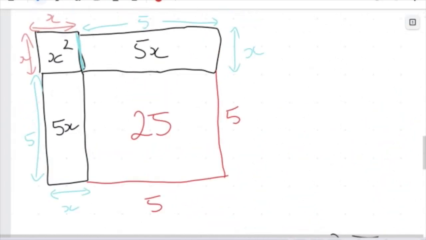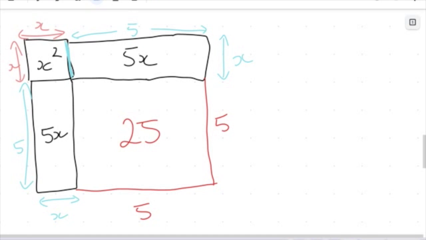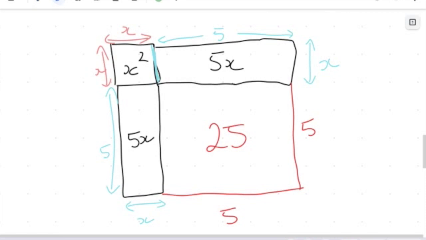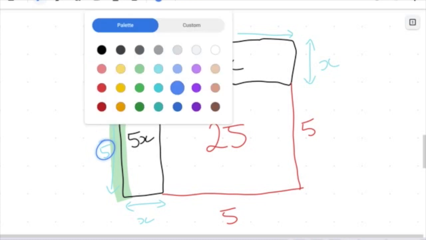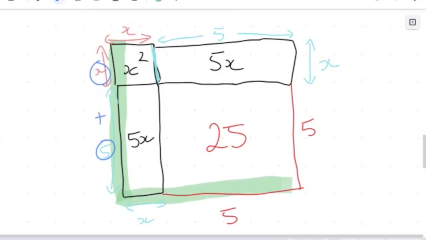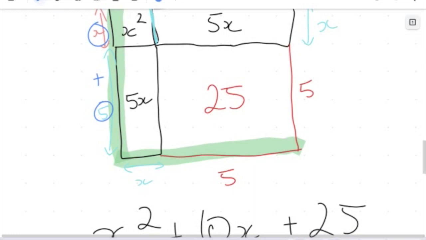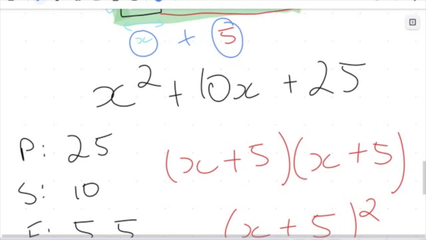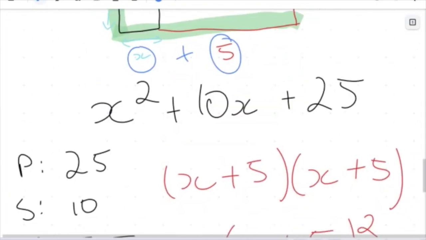Now let's just check that with the square that I have here, and considering those areas, well, I have a dimension along here of x plus 5 multiplied by my dimension here, or at the top, doesn't matter, of a distance of x plus 5. So whether I do it geometrically or once I get to this stage I do my PSF, I get to the same type of expression.